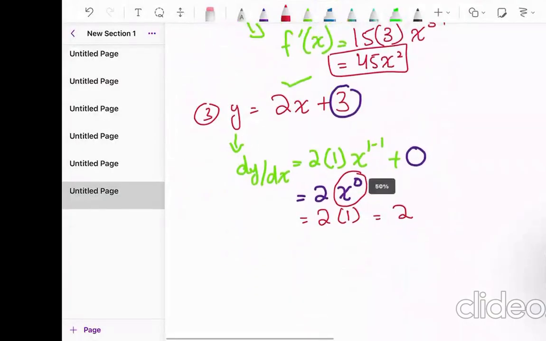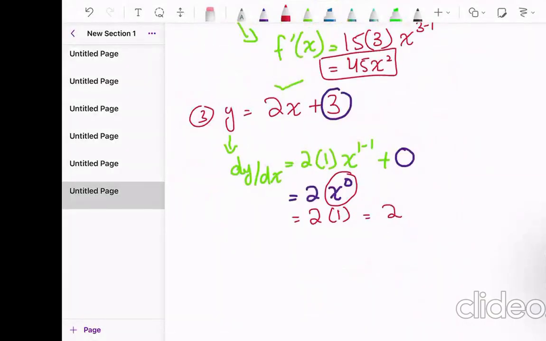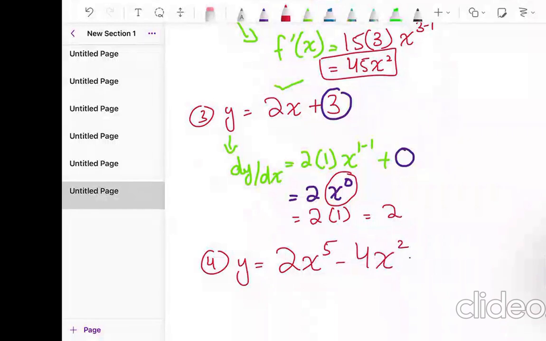Now, I will give you one question. Now try this one. y is equal to 2x raised to the power 5 minus 4x square plus 5.